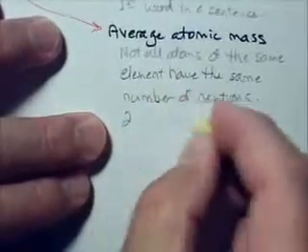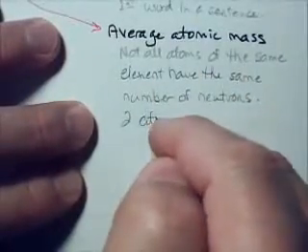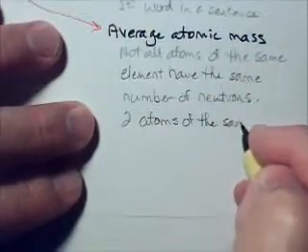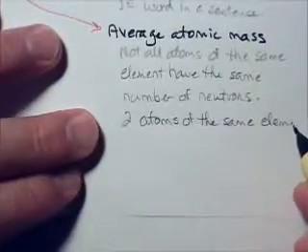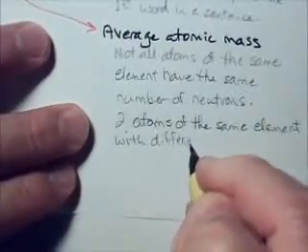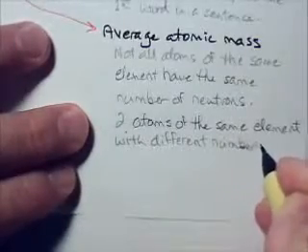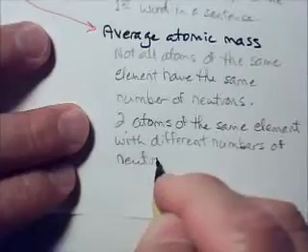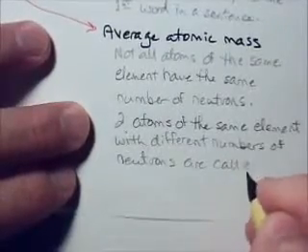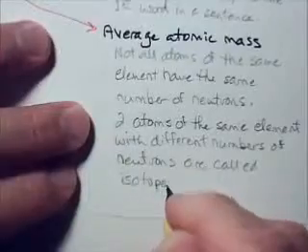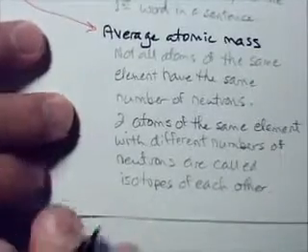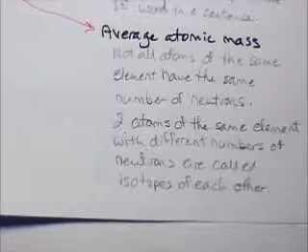Let's say two atoms of the same element. Two atoms of the same element with different numbers of neutrons are called isotopes of each other. Isotopes.